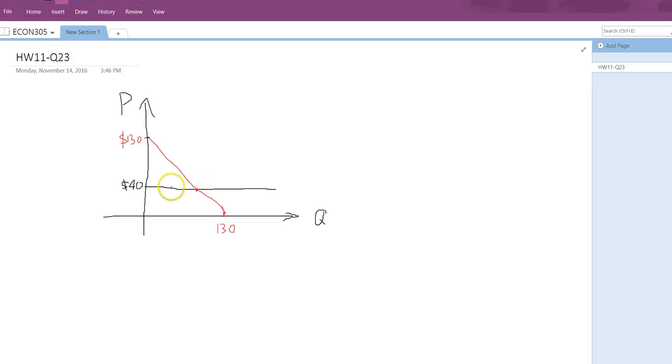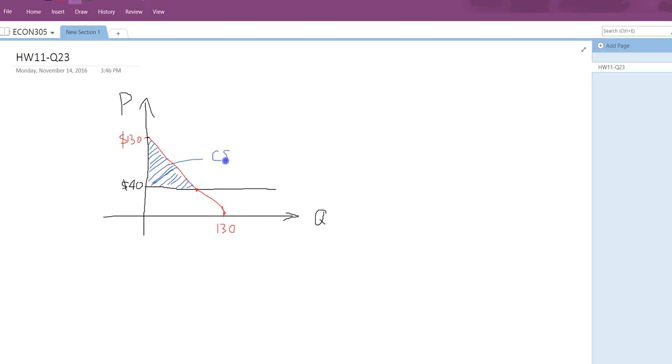Since price equals the marginal cost, price must be here. And the access fee must equal the whole area of the consumer surplus. In this case, it's a triangle, and the area of this triangle is the consumer surplus.